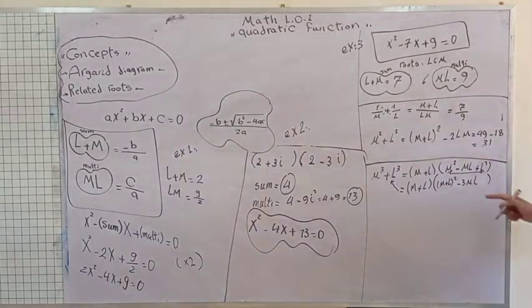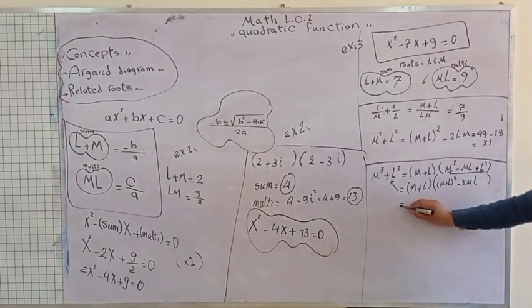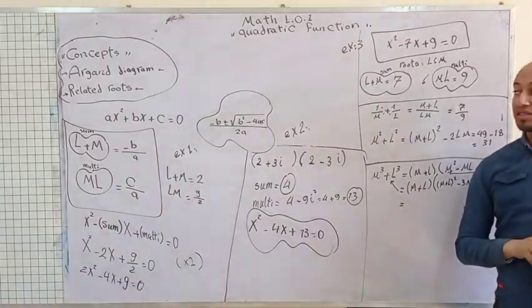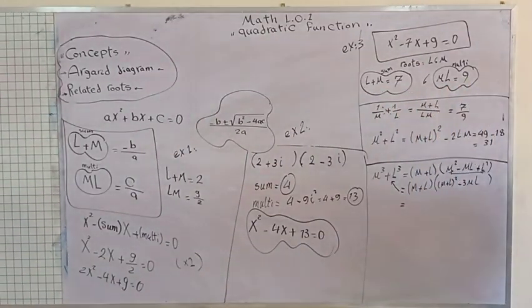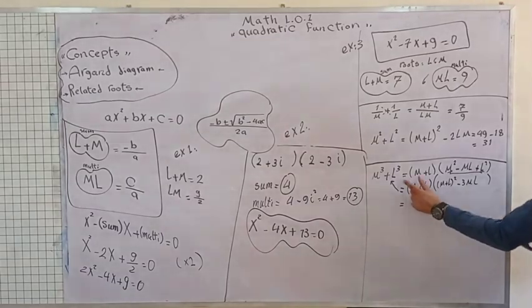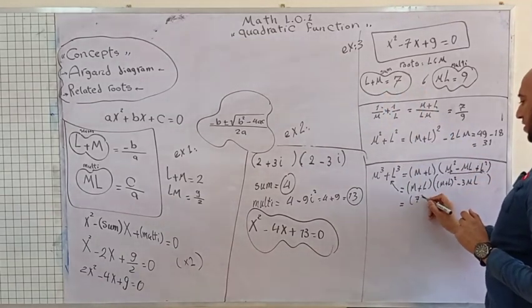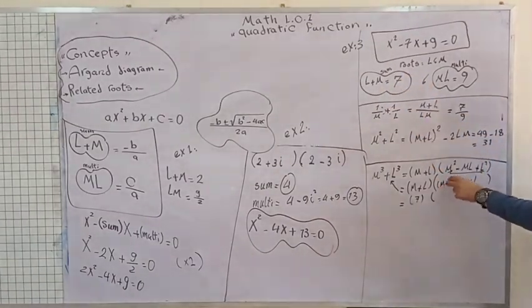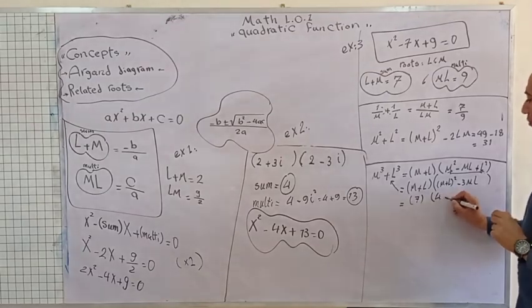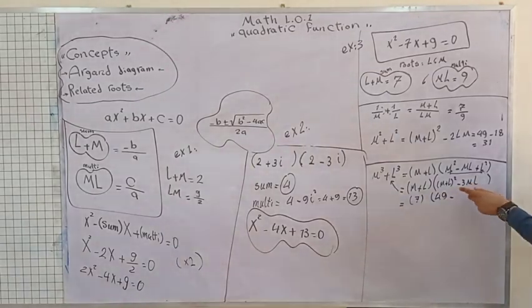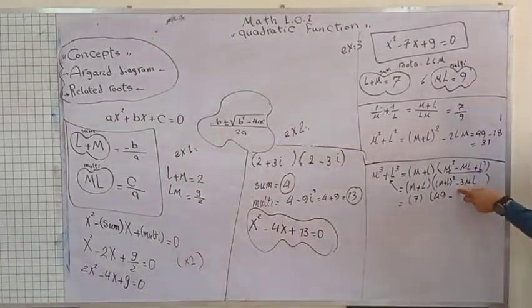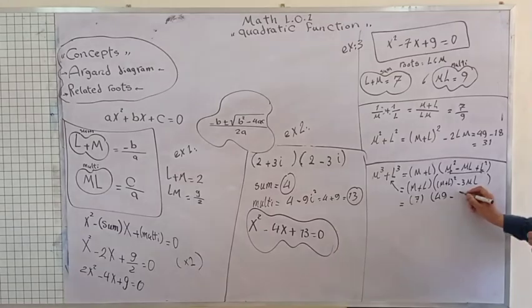Now, how can we get this value? We will get it from our known values, m plus l and ml. m plus l equals 7, then m plus l all square equals 49, minus 3 times ml, which equals 9. Then minus 3 times 9 will be minus 27.